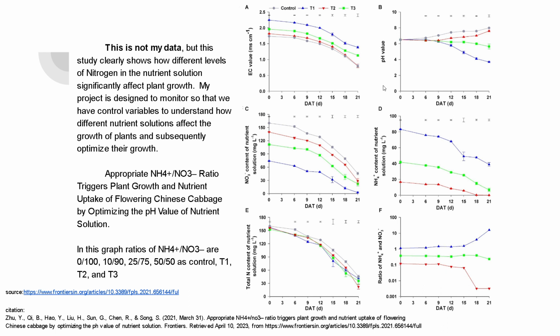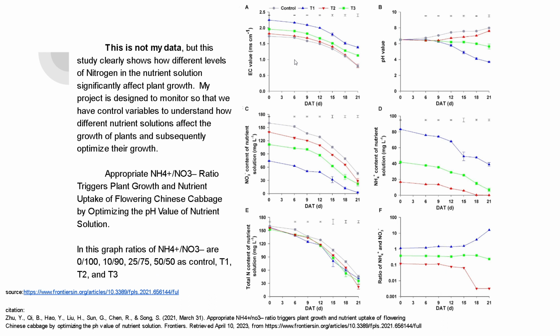So in this here, you can see the control is a 0 to 100 ratio of NH4 and NO3, and then T1 to 90, and so on.